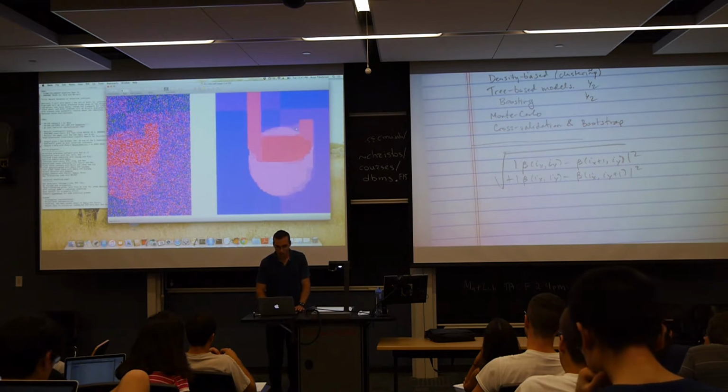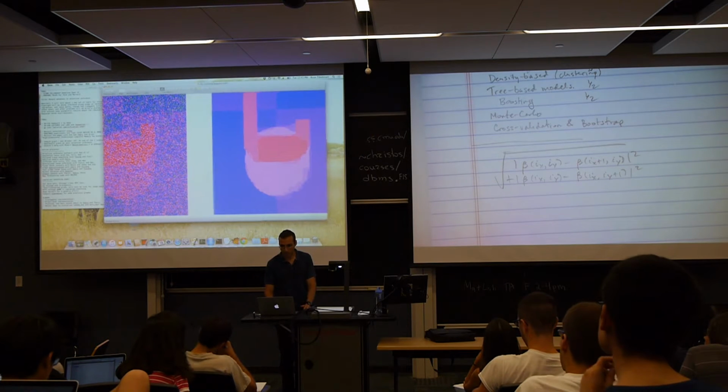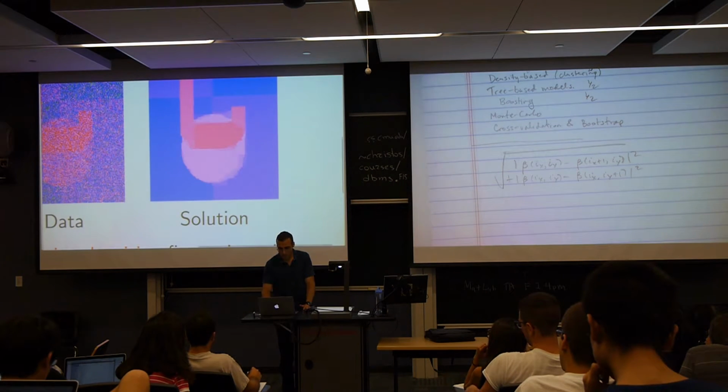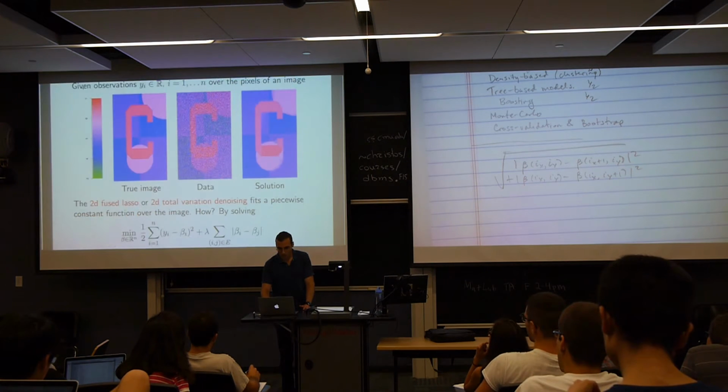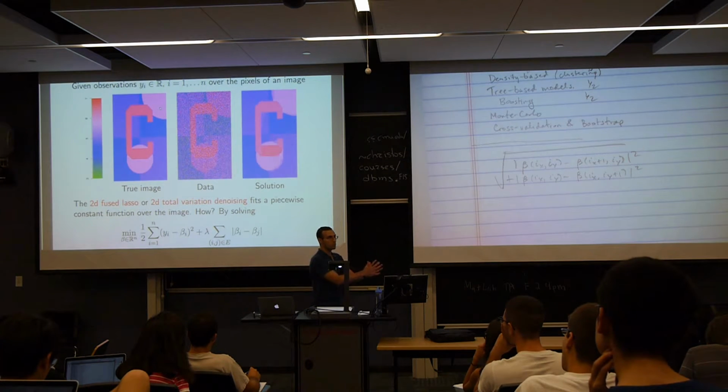We're penalizing every difference here, not just the ones that should be 0. So what we're seeing, if you look carefully, is that this blue is actually a little bit less bright than this blue. This red is less bright than this red. This pink is a little less bright than this pink. They all get smushed towards each other.